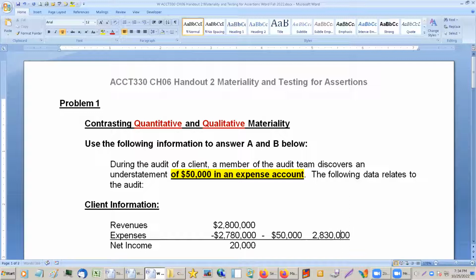There's no saving it now. Okay, so this is what these accounts should look like.